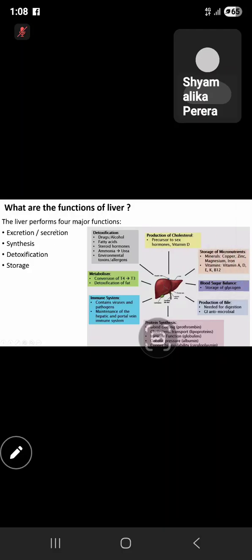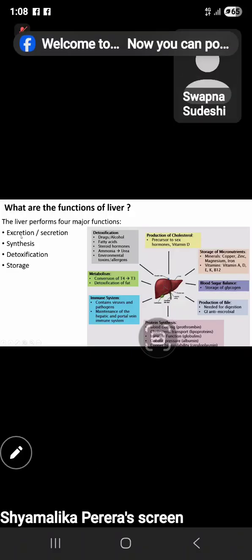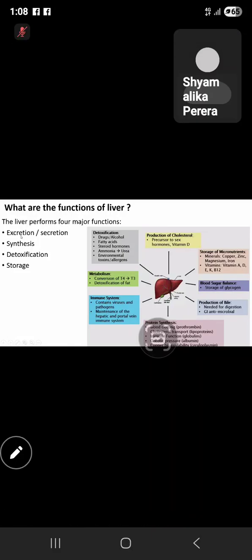By doing the liver function test, we are screening the function of these four main functions. So I would like to move on to the first one.